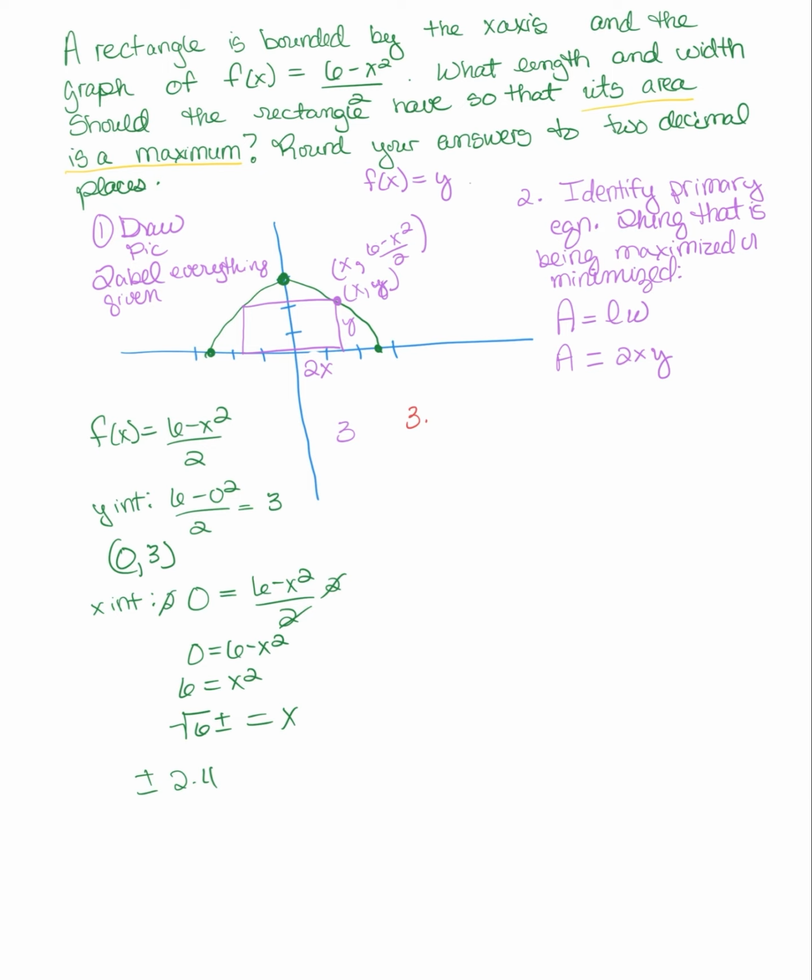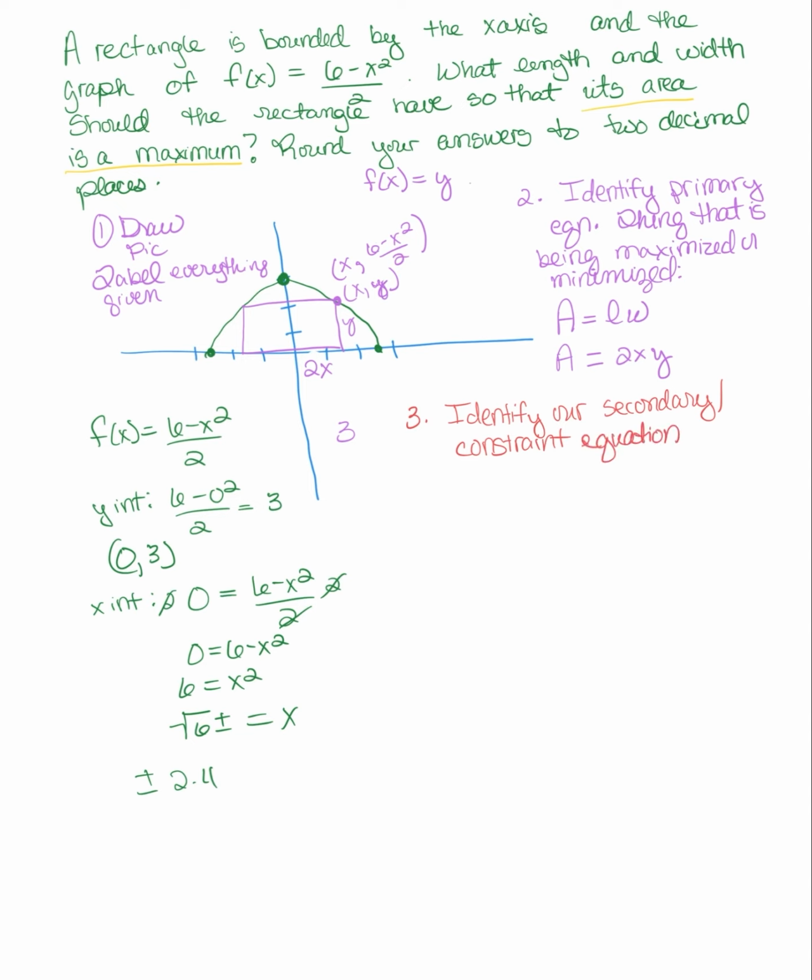Okay, so now we need to identify our secondary, aka constraint equation. So again, the thing that we have to live with, even though we're told to maximize this, we have to maximize it with certain restrictions.